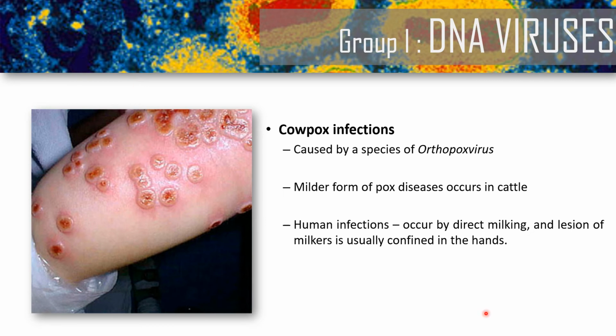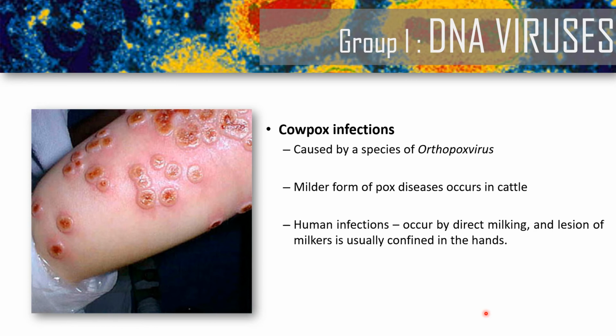And then milder form of pox virus occurs in cattle, as we all know this one already and discussed with your immunology. And then human infections occur by direct milking and lesion of milkers, usually confined in the hands. So during your immunology course, your teacher discussed this one already, that Jenner observed that cow handlers or milkers have mild form of smallpox infection, and then after that one, pag na-expose siya sa smallpox, hindi na siya nagkakaroon ng severe disease.